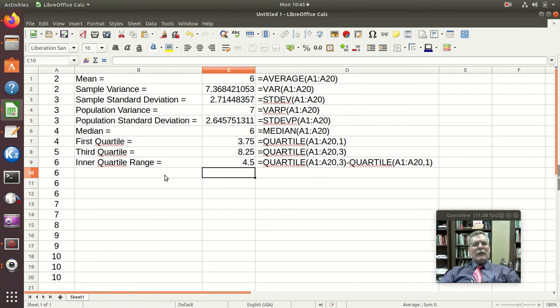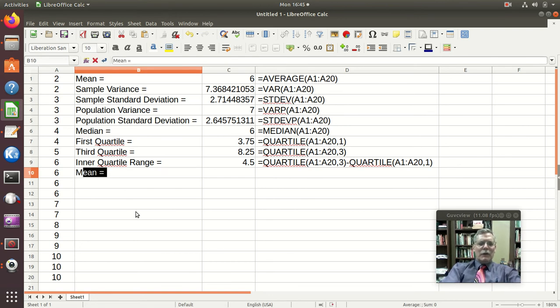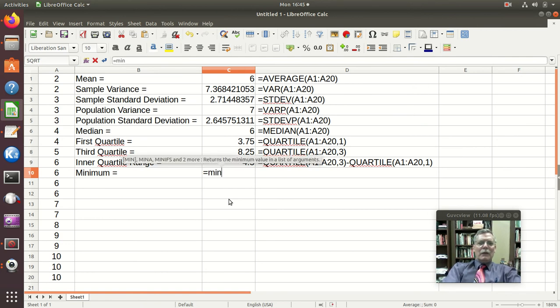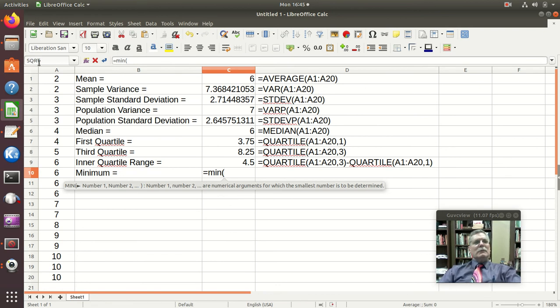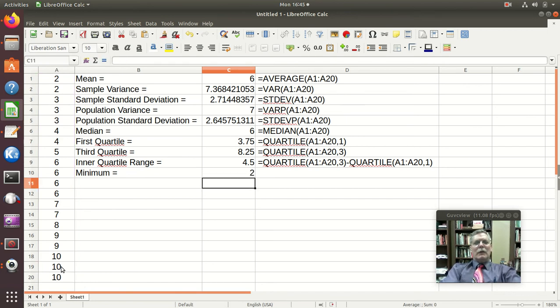Now what I realized I left out was you might want range sometimes, the maximum minus the minimum, and so we can toss in here minimum. That is equal to, and the formula is equals MIN, and then my range here, so I go from A1 to A20, and I hit enter.